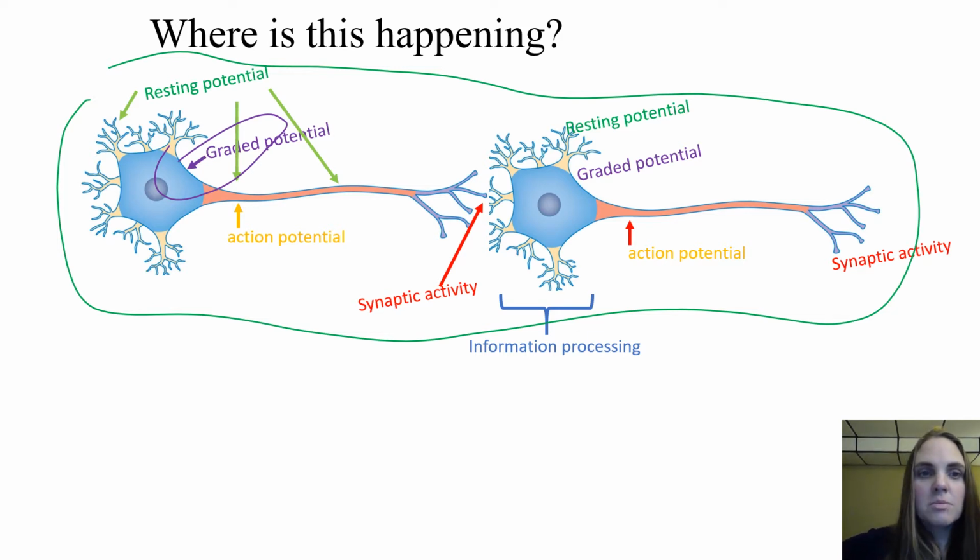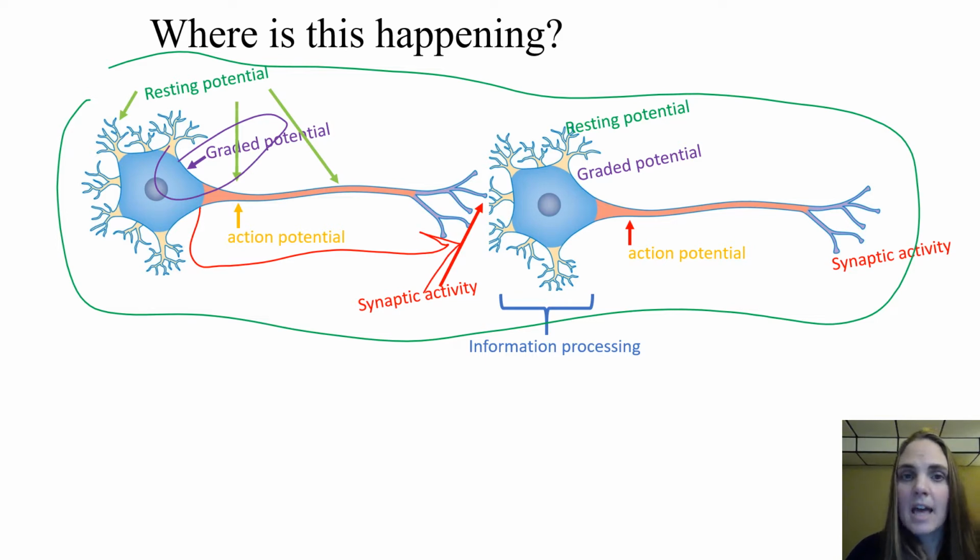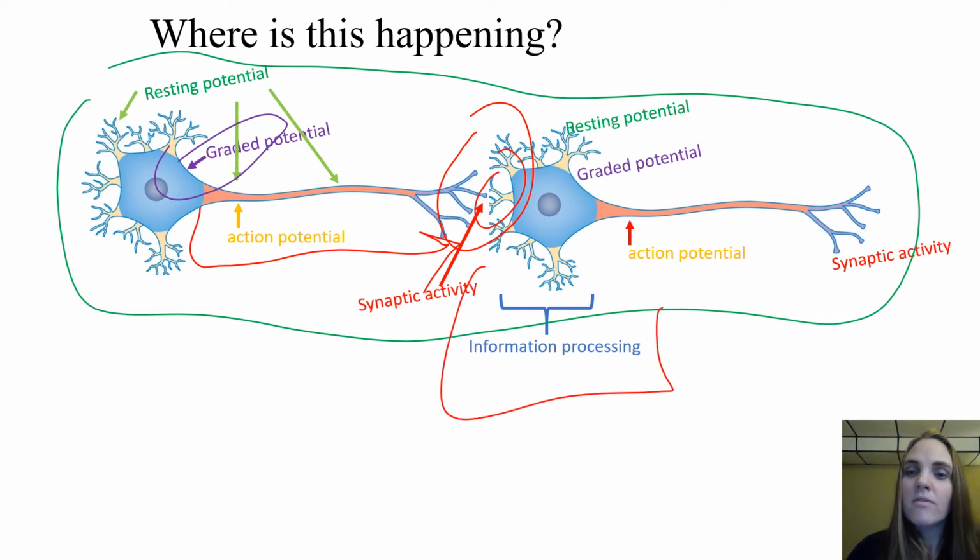Then that action potential is going to take place, travel down the axon to the synapse. Then we have synaptic activity taking place, where that synaptic bulb is going to release a neurotransmitter and communicate with our postsynaptic cell, who is then going to perform information processing, deciding what needs to be done in response to that message.